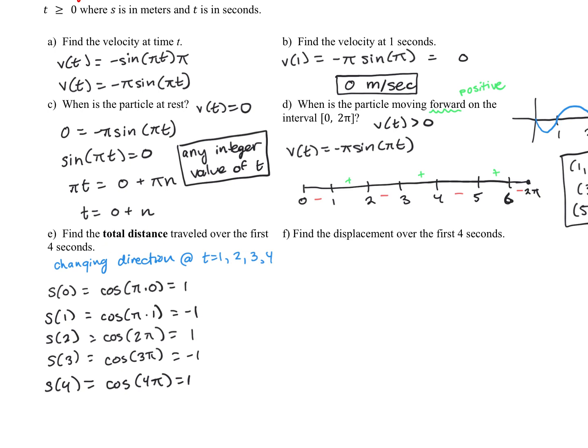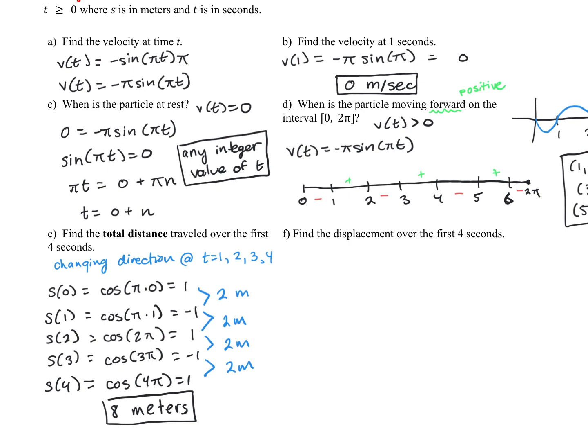So if you're going from +1 to -1, this distance traveled here, that's 2 meters. And then from -1 to +1 is another 2 meters, and then we have another 2 meters, and another 2 meters. So if you add all of those up, our particle is traveling 8 meters. And that's just in the first 4 seconds.